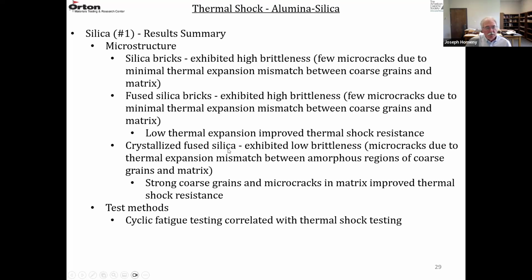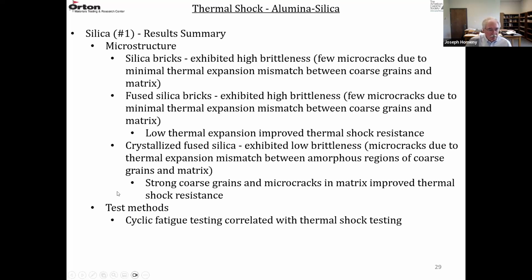The crystallized fused silica bricks were more ductile. They were very low in the brittleness rating. They had microcracks due to thermal expansion mismatch between amorphous regions and the crystallized grains in the matrix. So strong coarse grains and microcracks in the matrix improved the thermal shock resistance.